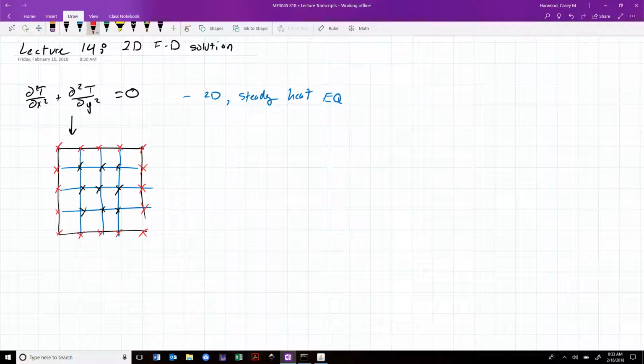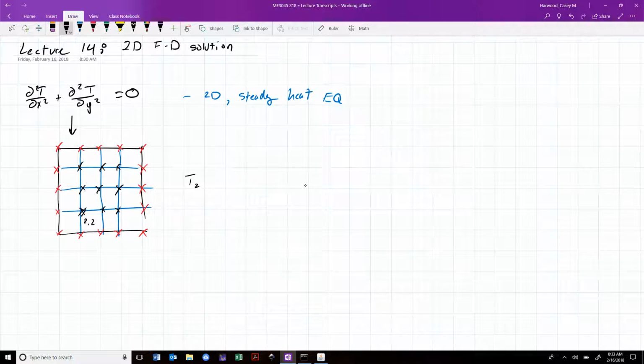Okay, and the idea was that we could use these things called finite differencing equations to write, instead of this second-order partial differential equation, we could pick a node. So, for example, let's pick this guy right here. Okay. And we could write that if we call this node 2, 2, our differential equation would be written instead as a series of summations.